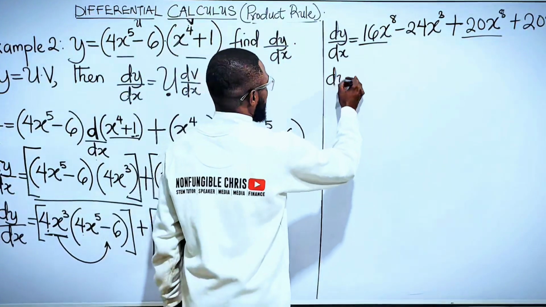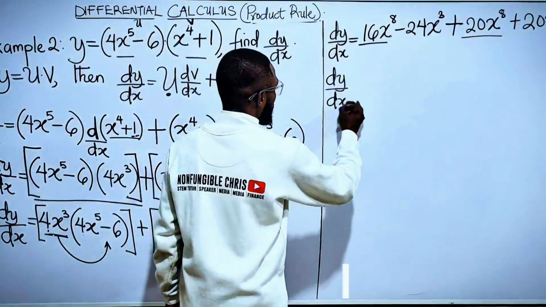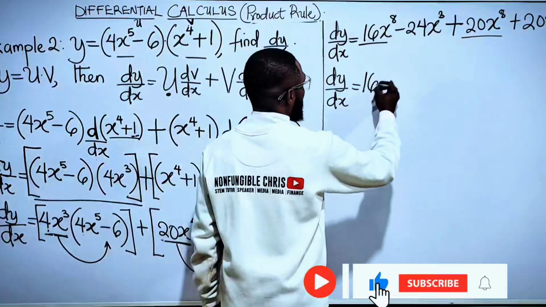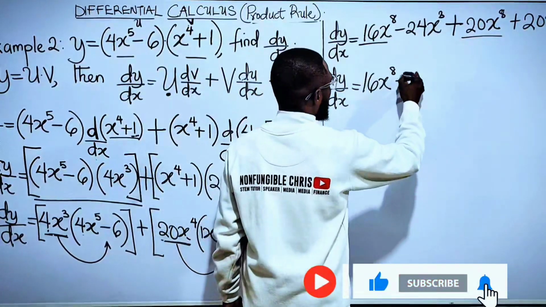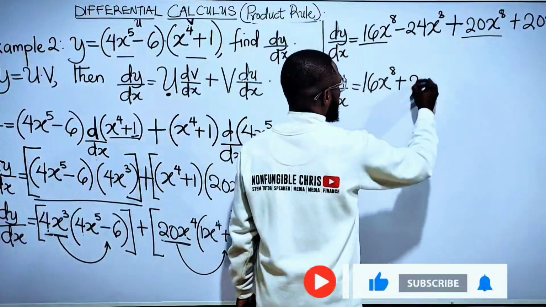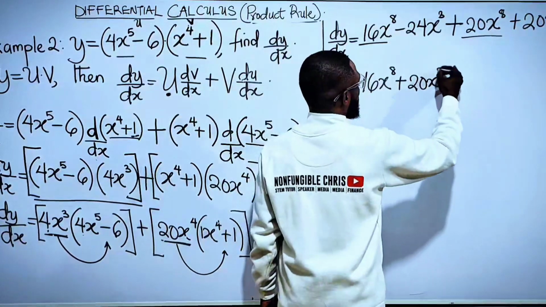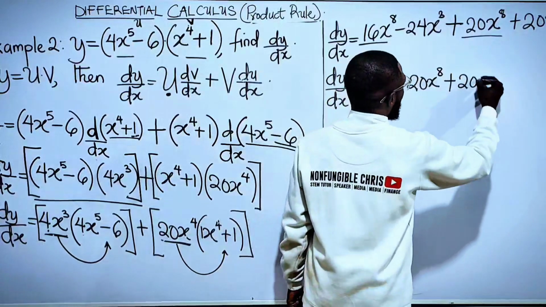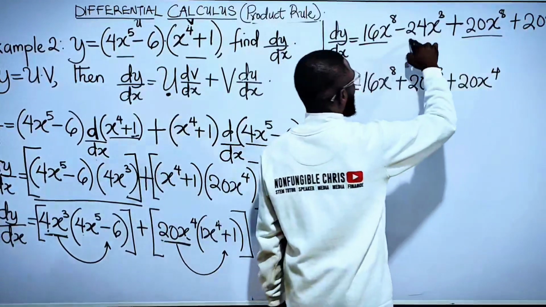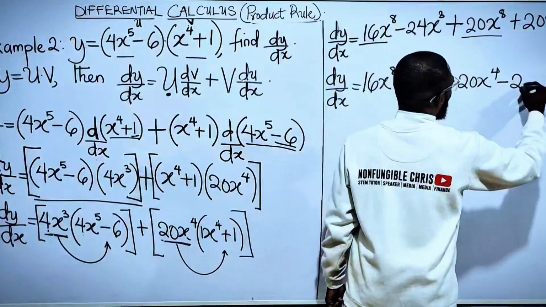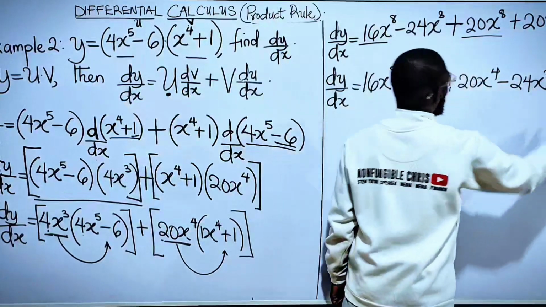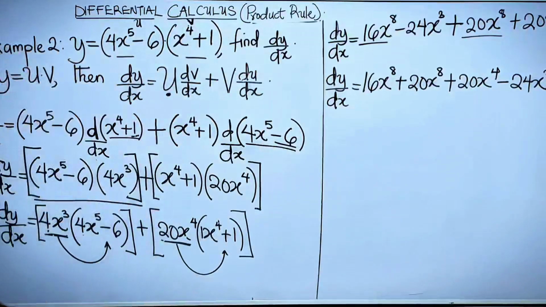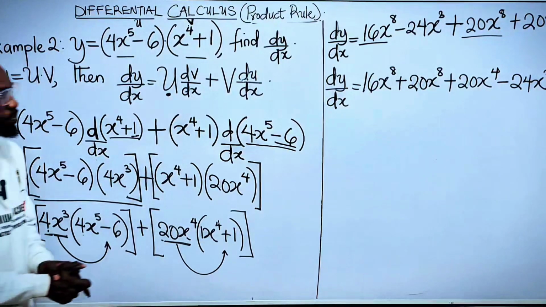We have dy over dx finally gives us what? 16x raised to the power 8 plus this guy 20x raised to the power 8, and then plus 20x raised to the power 4 minus 24x raised to the power 3. So you can see how it works, right? Following the steps, you could see that, and it's very easy.